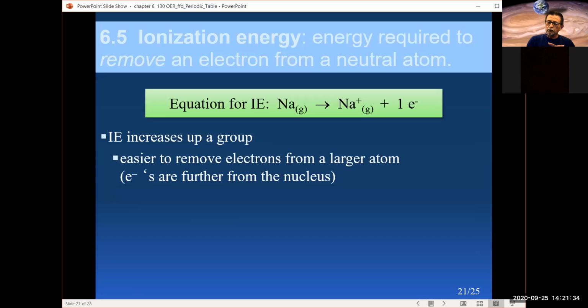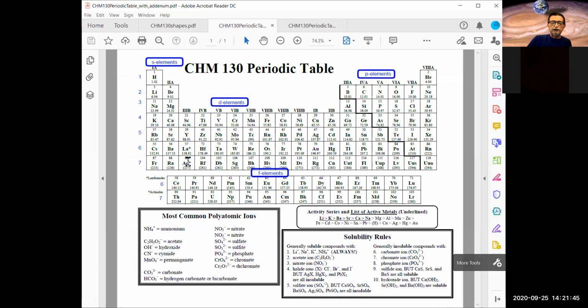Now, you might think, well, why is that the case? Well, if you look at the periodic table, let's go back to the periodic table for a second. And let's just pick, within a group, a couple of elements. I'm going to circle them.